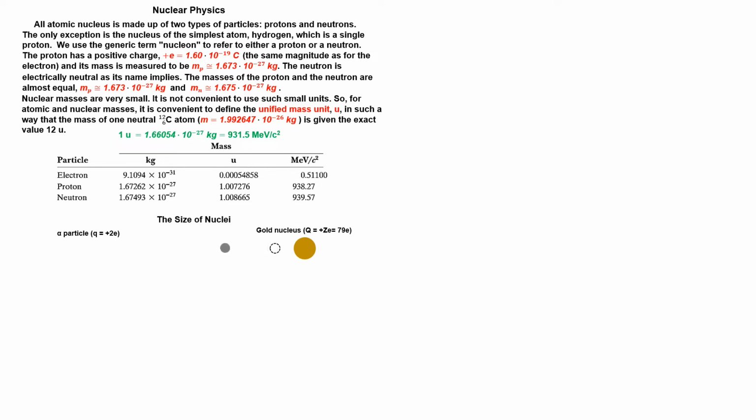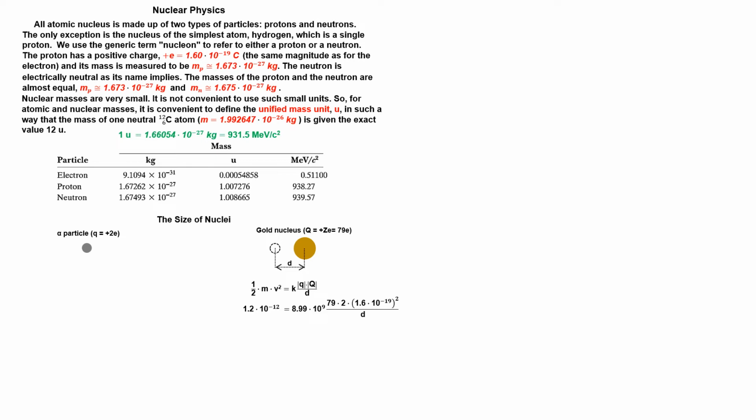If we equate the initial kinetic energy of the alpha particle to the maximum electric potential energy of the system, alpha particle plus target nucleus, we obtain d, the distance of closest approach between the alpha particle and the gold nucleus. At this distance, the alpha particle momentarily stops.